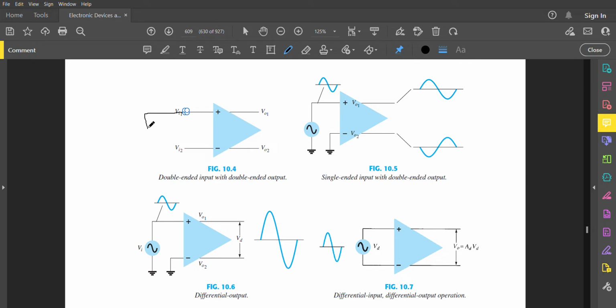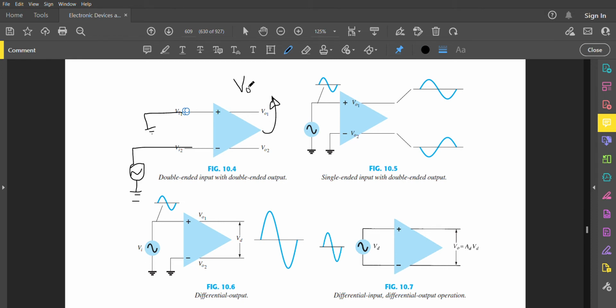So if I ground this non-inverting one, and just connect an AC signal or a DC signal to the inverting terminal, we are expected to get an output here. If we look at this output, it is the difference of these two outputs.